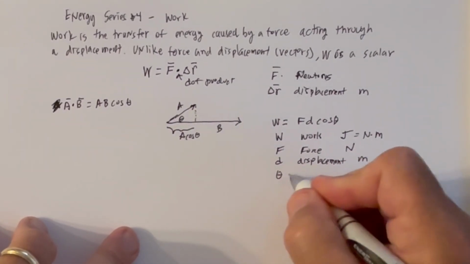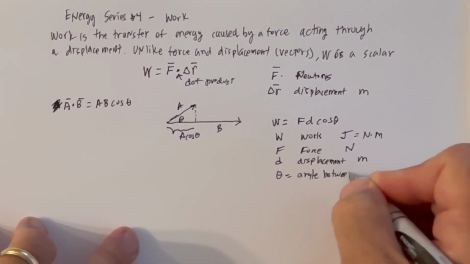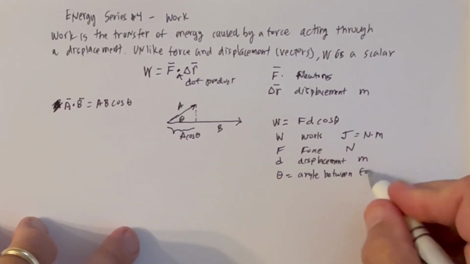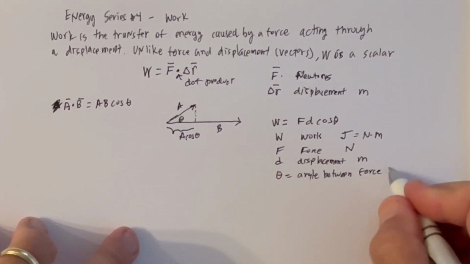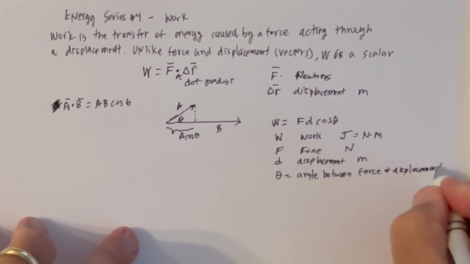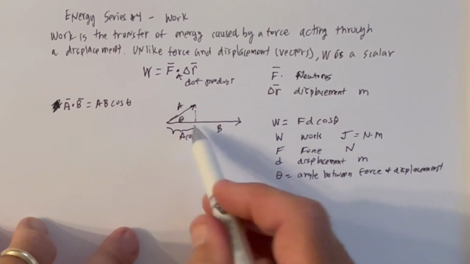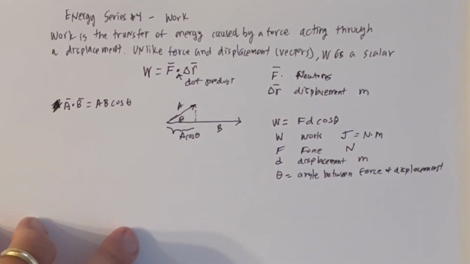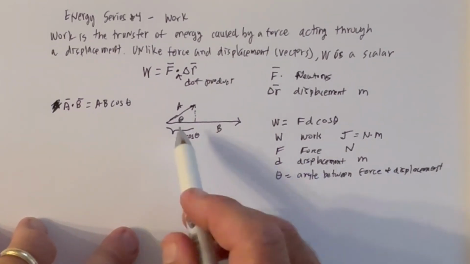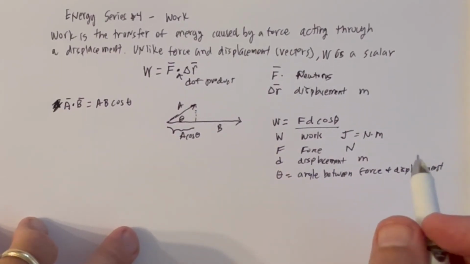And then theta is the angle between the force and displacement. So in this diagram here, this could be our displacement, and this could be our force, and that's the angle between them. So that tells you how the vector relationship breaks down into just a simple diagram here, and we'll use this most of the time in most of the basic problems.